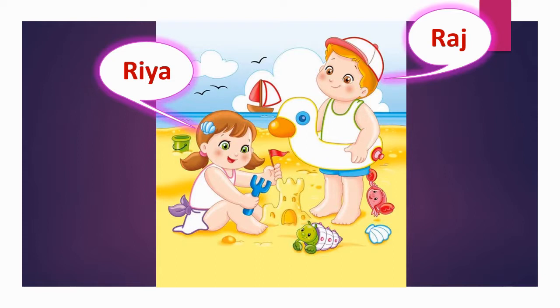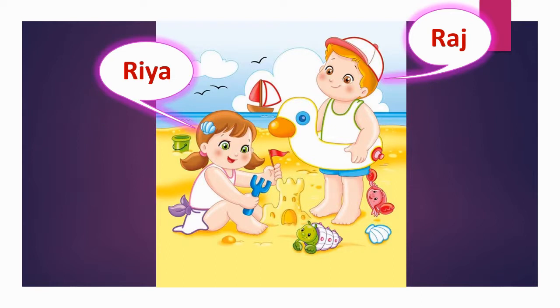Now children, you can all see they have so many things around them. Raj has a swim tube. Riya has a flag. There are other things also like shell, sand buckets, snail, boat, sand castle. Yes or no?